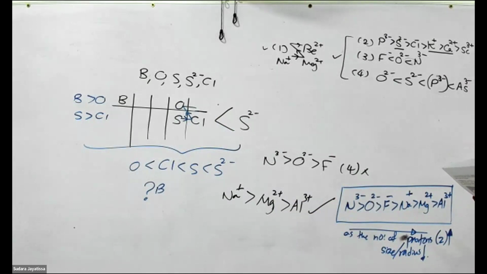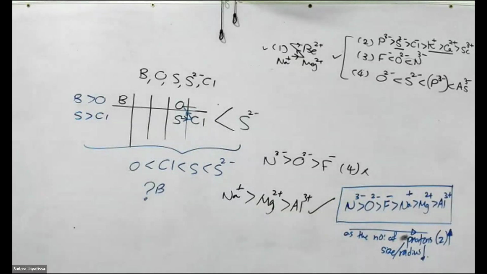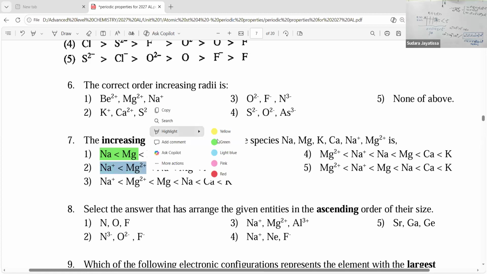Can we eliminate answers? First one you can eliminate, no? Why? It says magnesium is larger than sodium. Underline that and say wrong. Let's try that method. Sodium and magnesium, underline that and say wrong. There are other mistakes: sodium, potassium, calcium is also wrong in the first answer. And the second answer says magnesium 2 plus is bigger. Again, it is wrong.